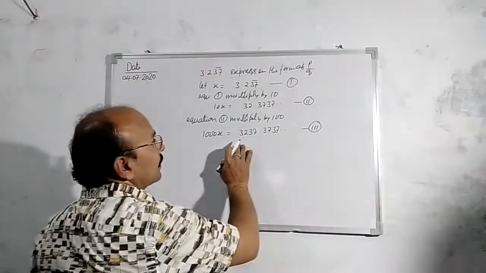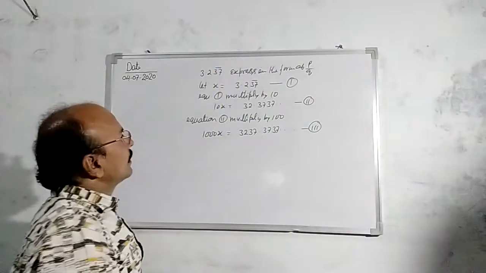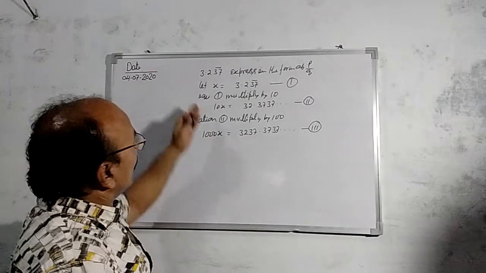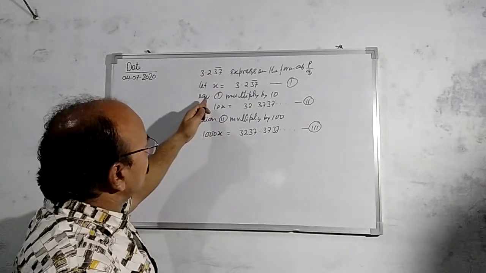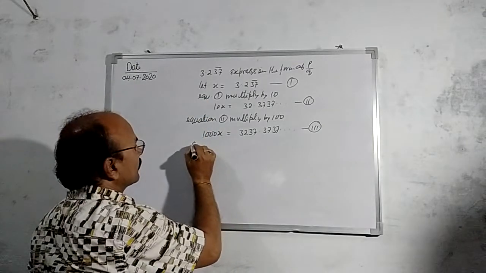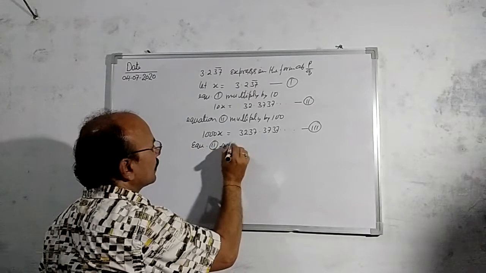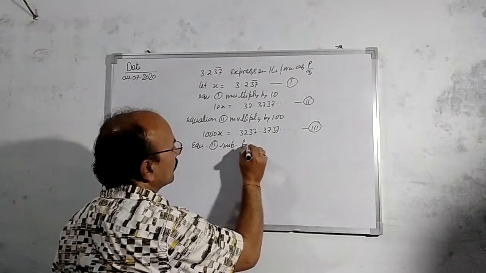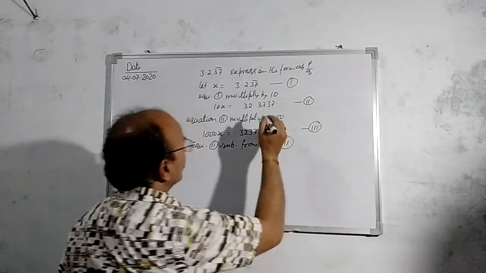In this case, when there is a digit between the decimal and the repeating digit, always form three equations, and in this case equation 2nd is subtracted from equation 3rd.